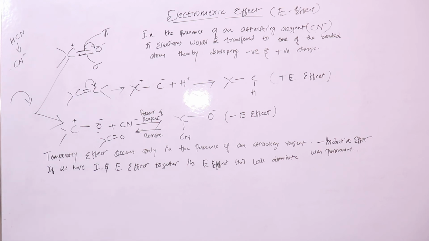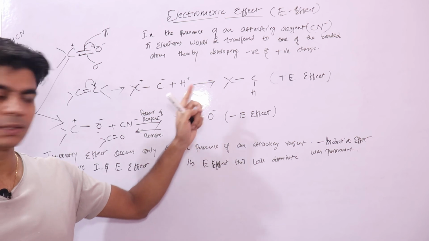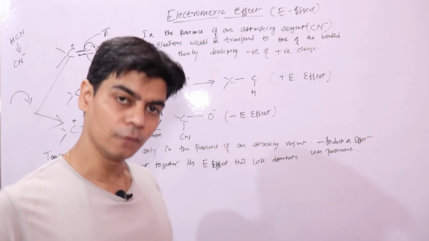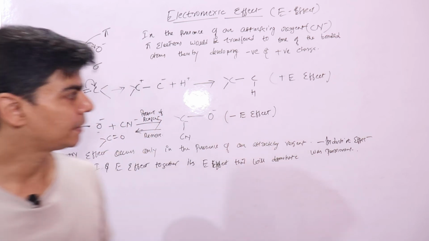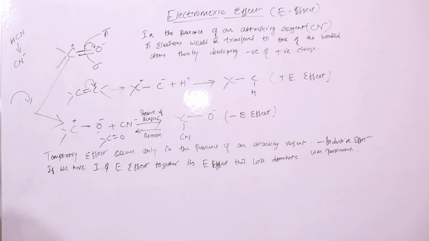Now the other important points for this electromeric effect. We have discussed this. It involves pi electrons, whereas the inductive effect involves sigma electrons, right? And the inductive effect will result in the formation of slight polarities, small negative and positive charges, whereas the electromeric effect will result in the formation of ions.